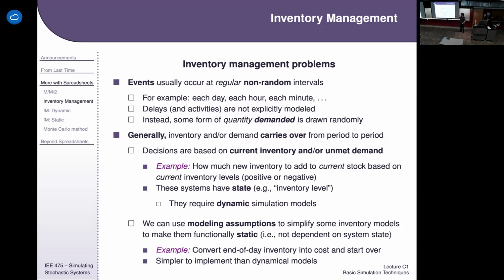Now we can use assumptions to simplify these models to make them functionally static. Now, what do I mean by that? We can, for example, convert end-of-day inventory into a cost and then start over. So we actually don't carry the number of soccer balls over to the next day.